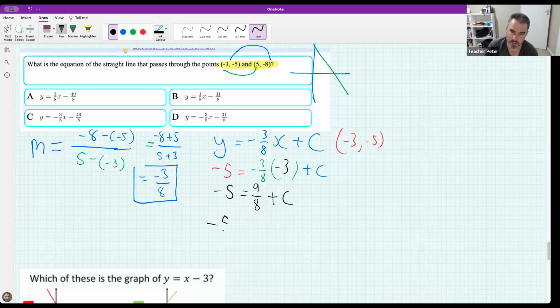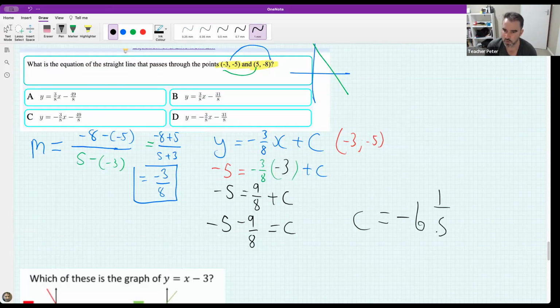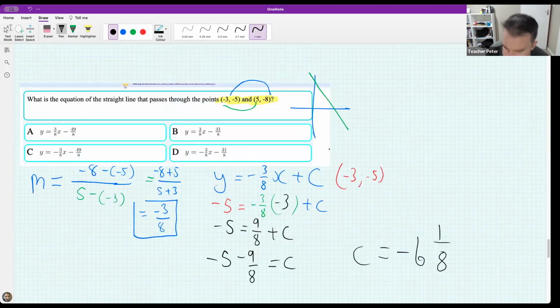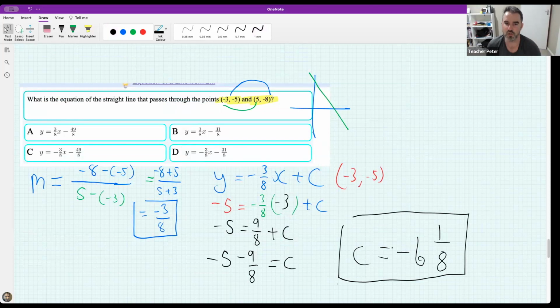So I might need my calculator here. So minus 5 minus another one, so minus 6, so minus 6 and 1/8. Now, I don't see a minus 6 and 1/8, but I'm sure that there's a connection. Which option do you think is correct for the equation of the straight line? Now, I don't see that, but obviously we can rewrite this as an improper fraction.